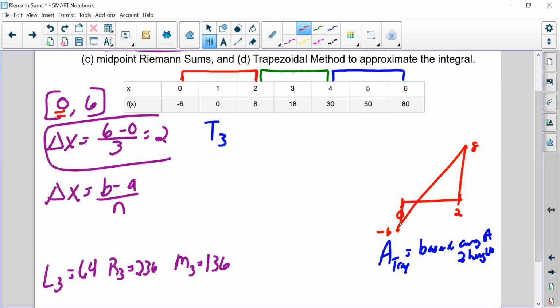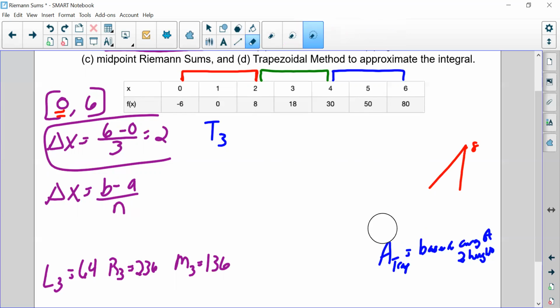This looks a little bit different though. Let's not do it with the negative the first time to show it. And then we're going to do something like this. So that's going to be our general trapezoid. It's going to look something like that shape.